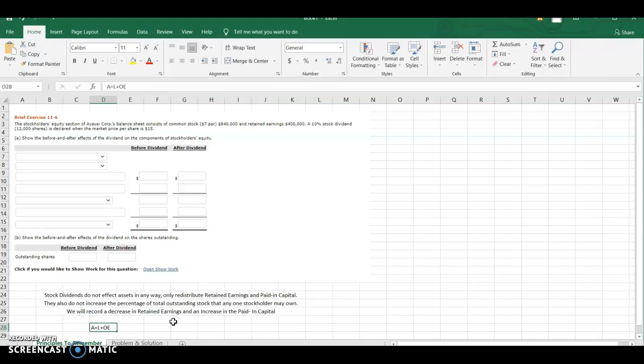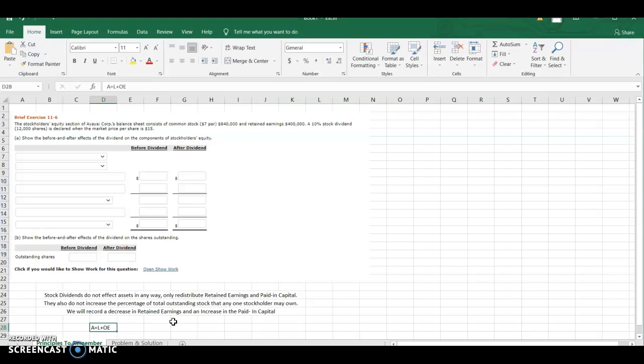One of the things in the textbook that helped me understand it is this: you're at a party and everyone has their slice of pie, and you go to the person whose party it is and say, hey, I want another slice of pie, and they just cut your slice in half, and now you have two slices of pie.